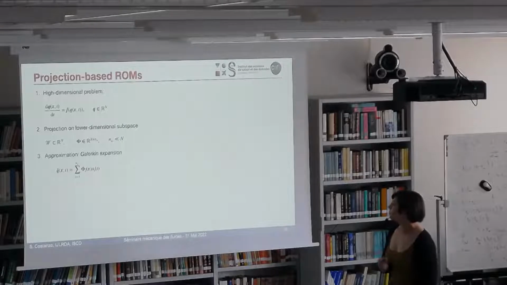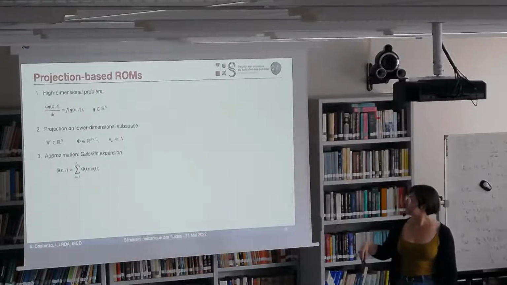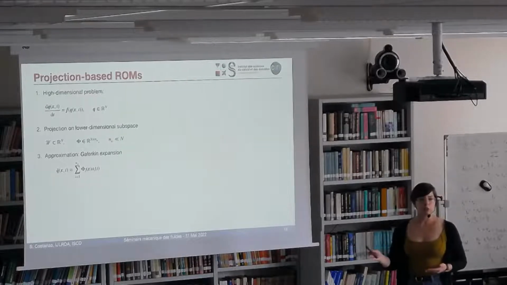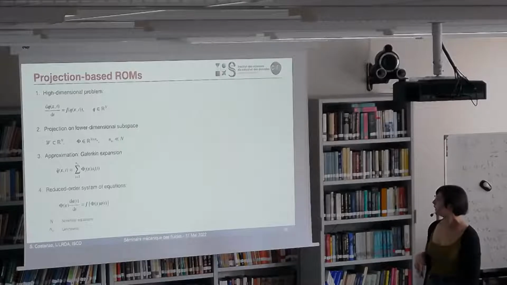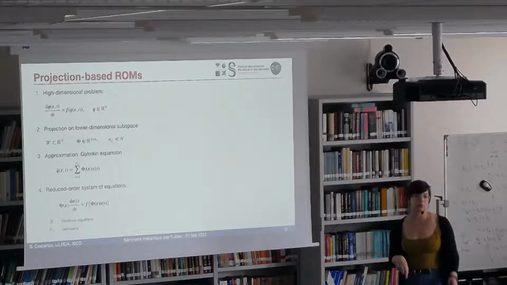How do we do it? We perform a Galerkin expansion, so we approximate our state vector, our solution, with a linear combination of spatial modes. And so then we can build a reduced order system of equations where now the unknowns are the temporal coefficients.